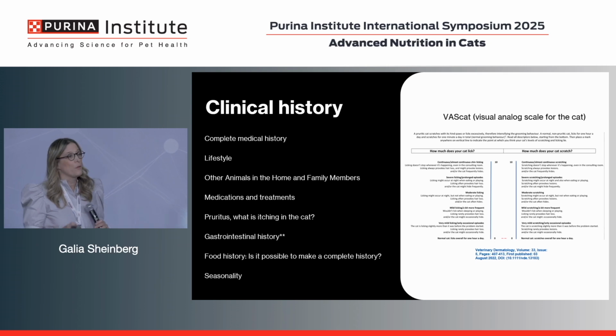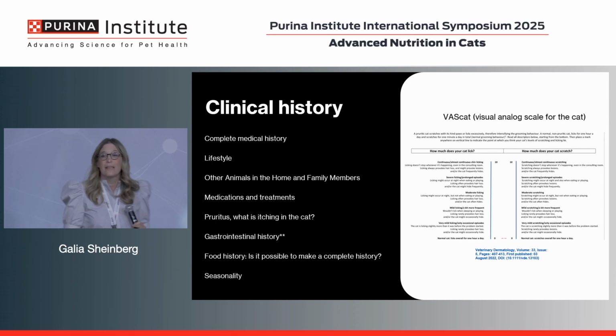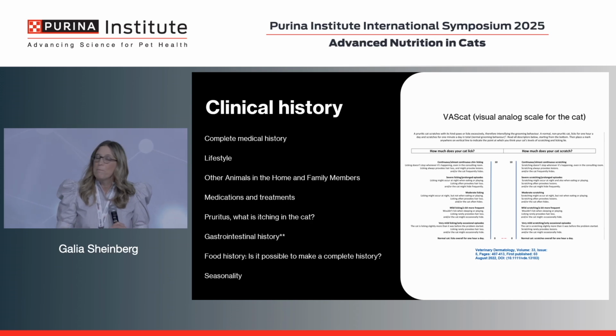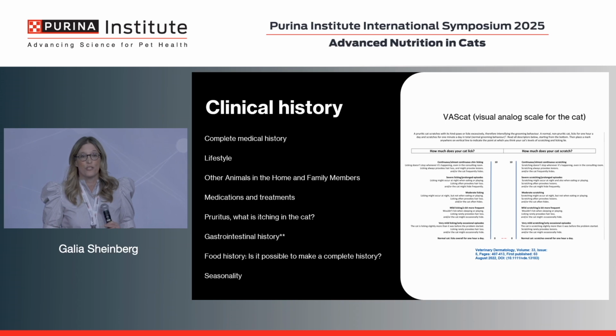I want to learn about their lifestyle. Obviously, I want to know if there are more animals in the house, or if there are people visiting with other animals, because this will be relevant eventually. We always want to have a clear view of what medications have been used and what effect those medications had.